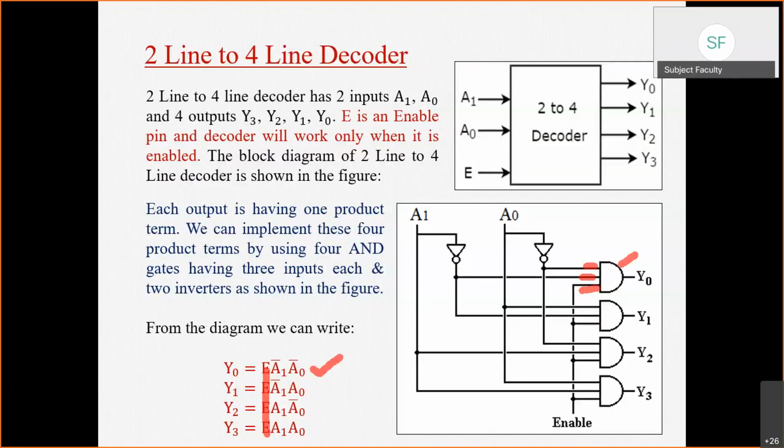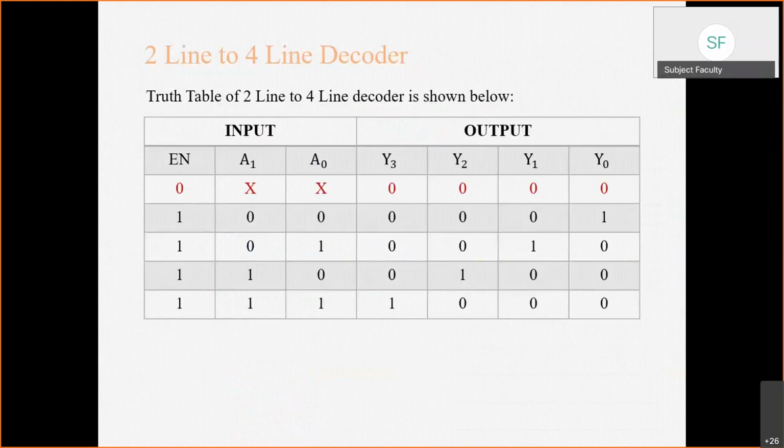Now we will move towards the next topic, that is our 3-line decoder. And this is the truth table of your 2-line to 4-line decoder. Since we have considered our circuit is active high, your enable pin must be 1, then only it will work.